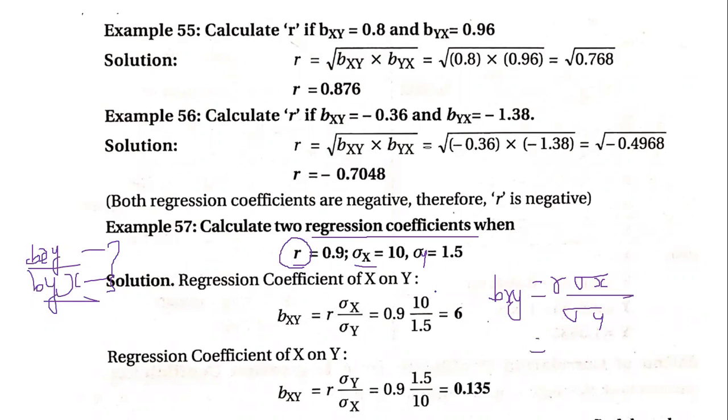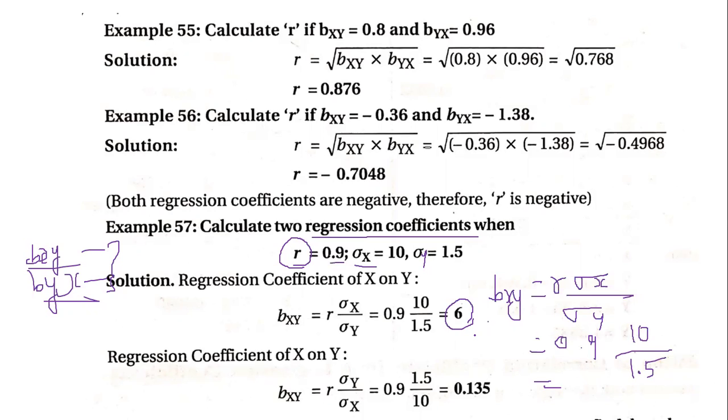Now what is R? 0.9 into standard deviation of X is 10, standard deviation of Y is 1.5. Now if you simplify this, you will get the answer as 6. Just check this calculation once again.